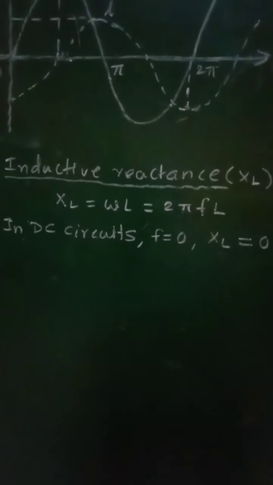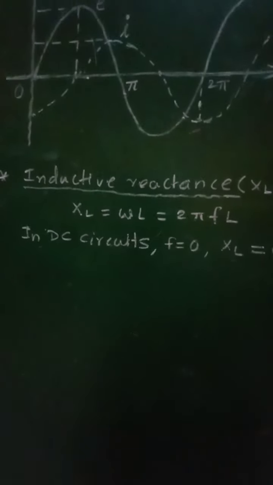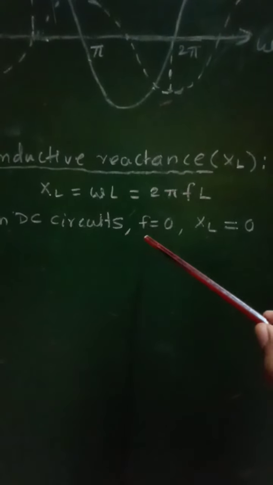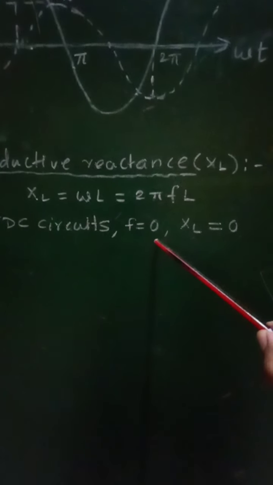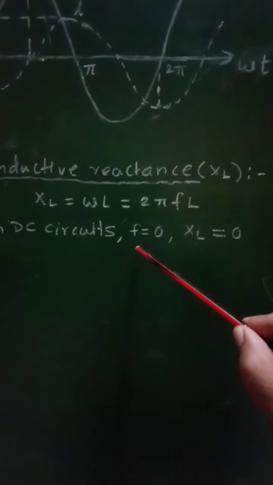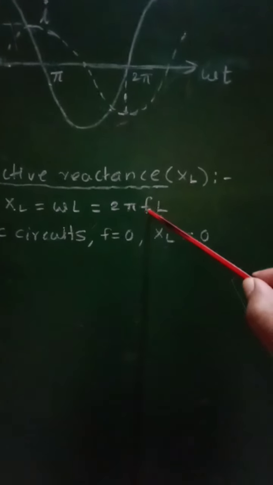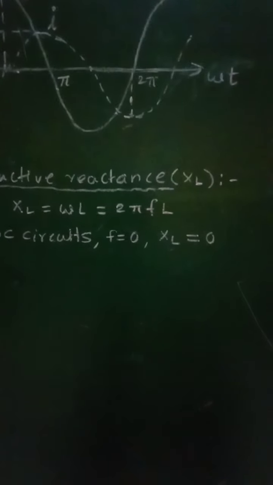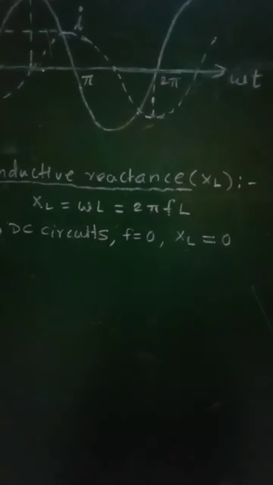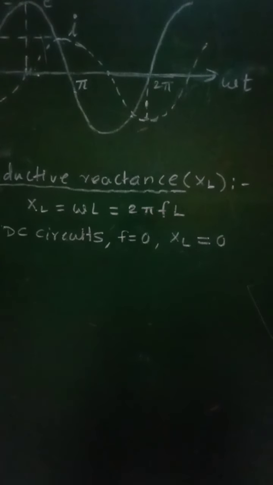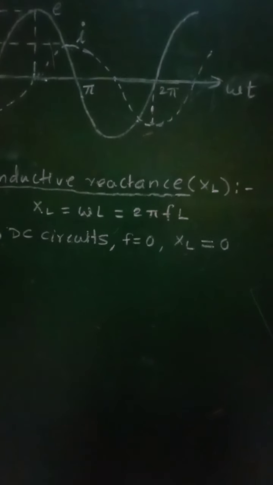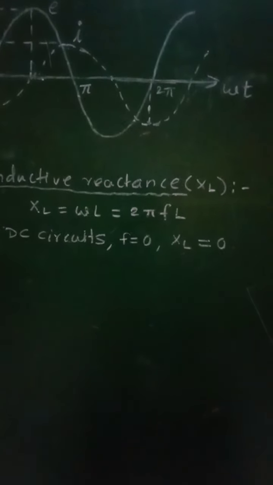Now consider DC circuits instead of AC circuits. In DC circuits, the frequency is equal to 0, because frequency F is possessed only by AC. For DC, F is equal to 0. Now if F is equal to 0, XL will be equal to 0, and therefore from this relation we conclude that a pure inductor offers 0 resistance to DC.